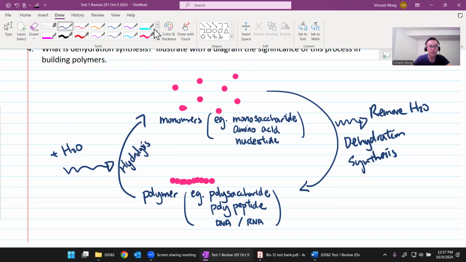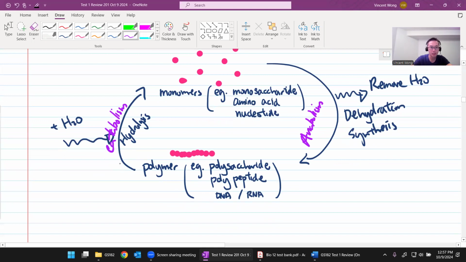Later on in lecture 4, we also learned that when you build things like that, this is called anabolism in the body, and it requires energy. Whereas when you break things down, that's catabolism, which releases energy.